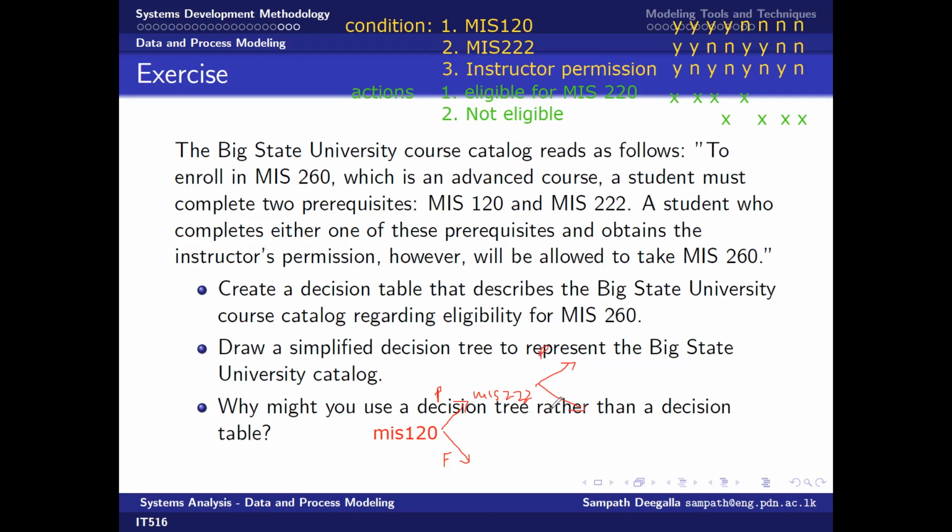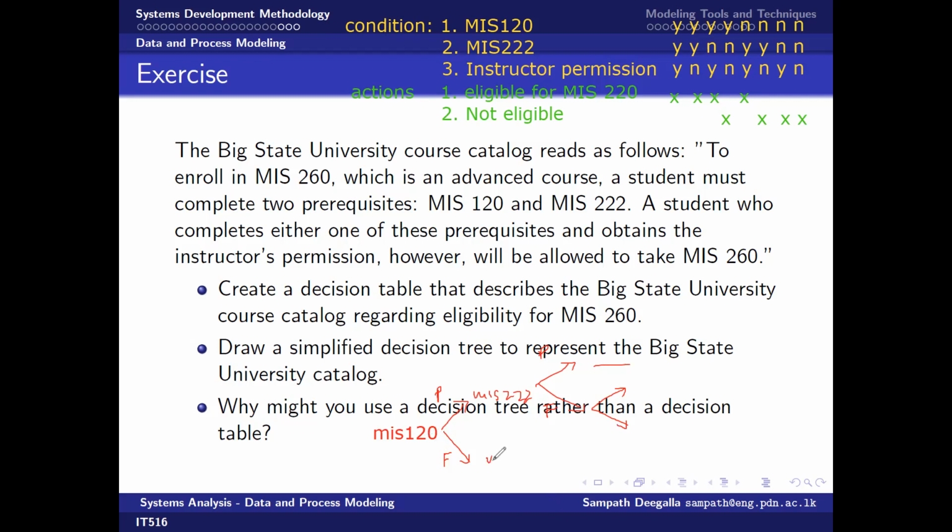So then you don't actually need to represent the instructor permission here because you passed, which means you are eligible. So this one you pass, but this is fail. So we can say instructor permission here, that you can put it here.